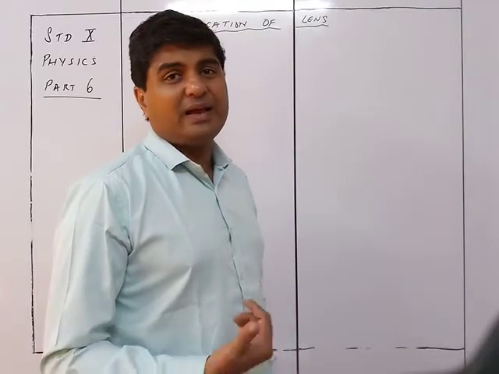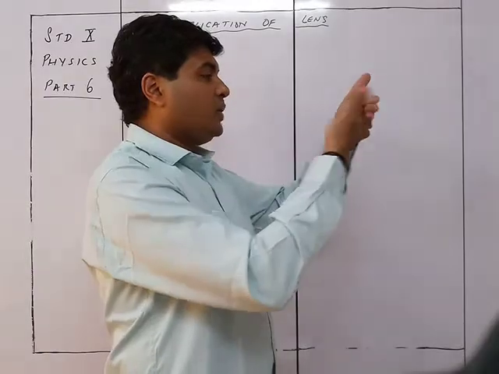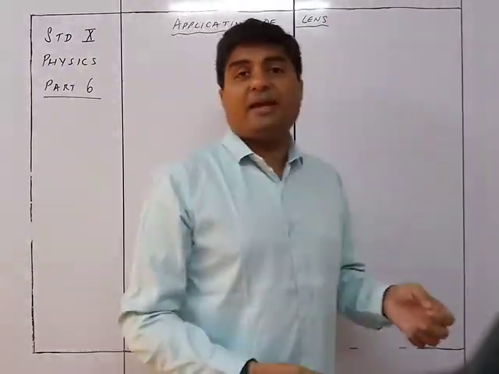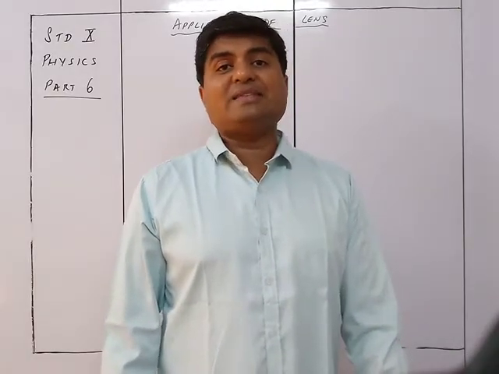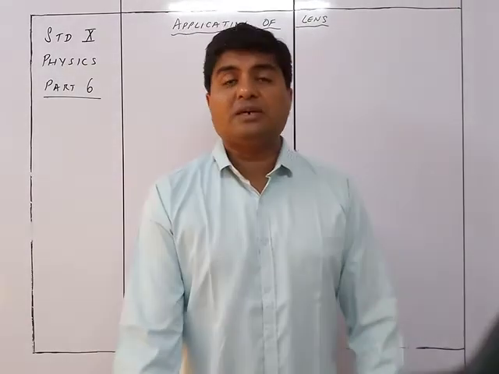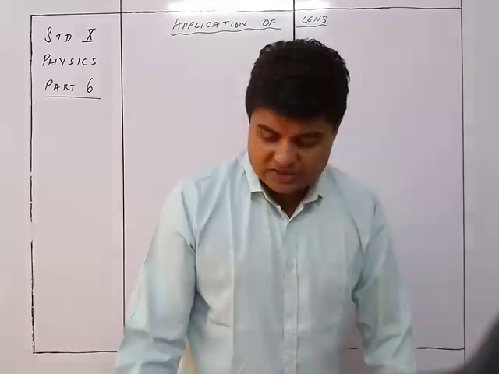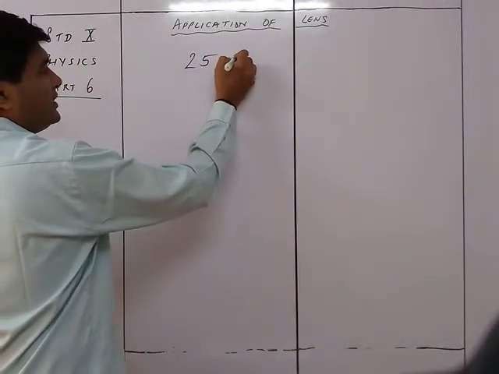For seeing anything clearly, I need a minimum distance of 25 centimeters between the object and my eye. If I place anything at 25 centimeters, I can see it most clearly. That is why it is called the distance of distinct vision. The distance of distinct vision is 25 centimeters from the eye.